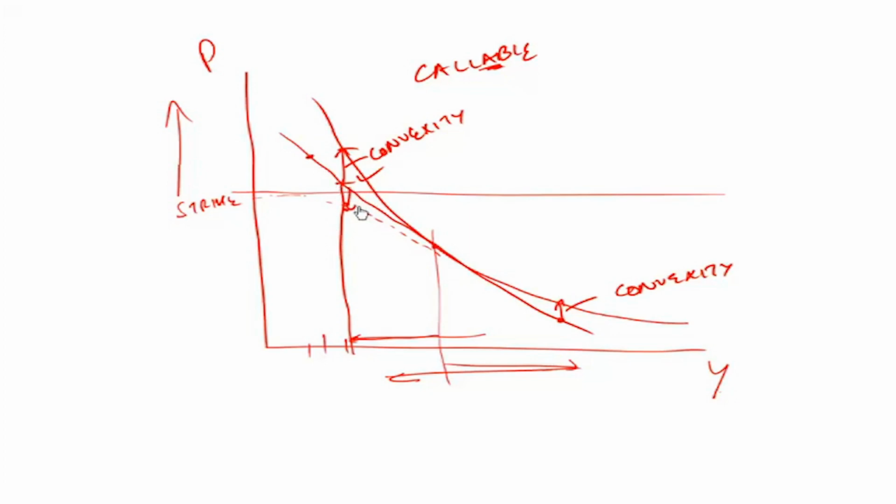So callable bonds do exhibit negative convexity, especially when interest rates fall. That is, the convexity has to be subtracted from the duration estimate, or the price doesn't rise as much as the duration estimate. Please understand what is happening.